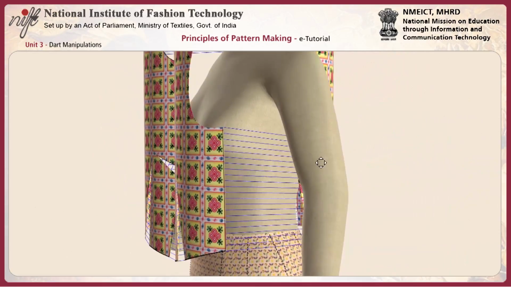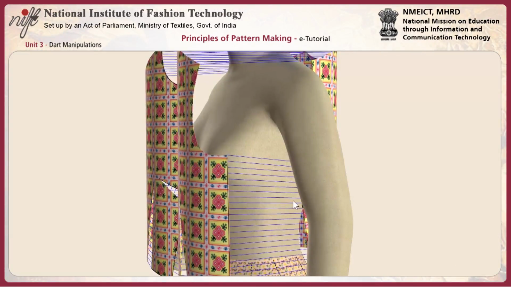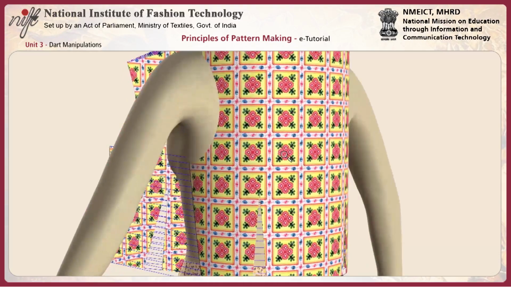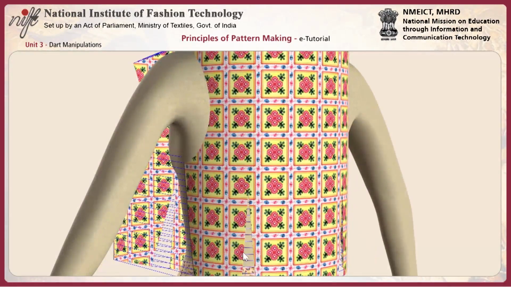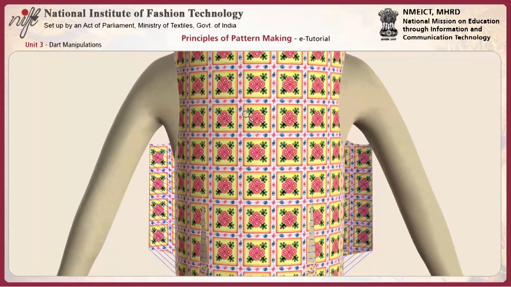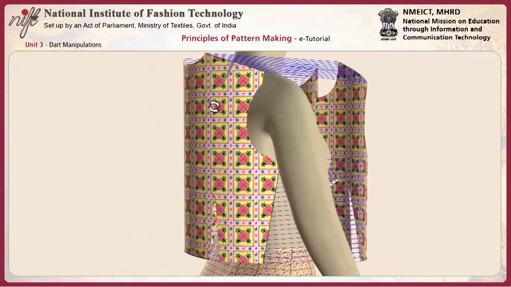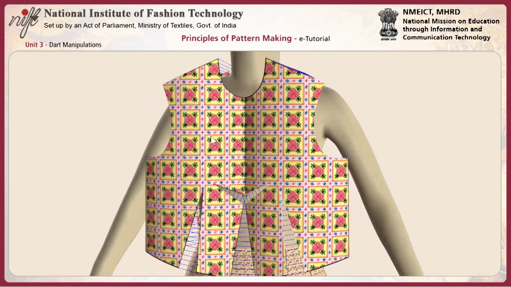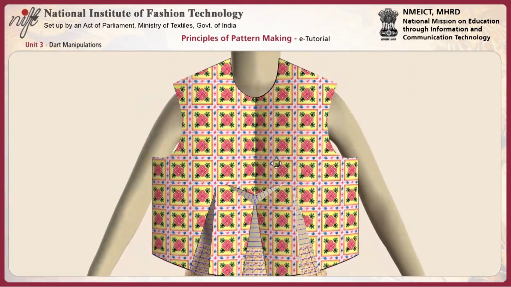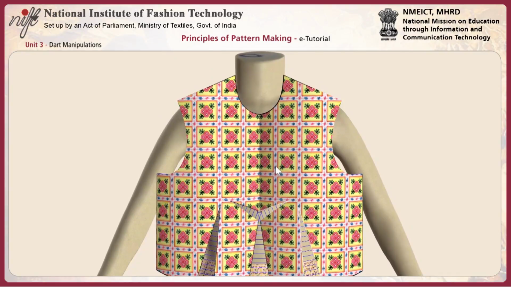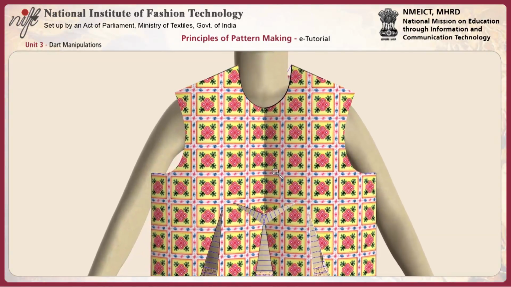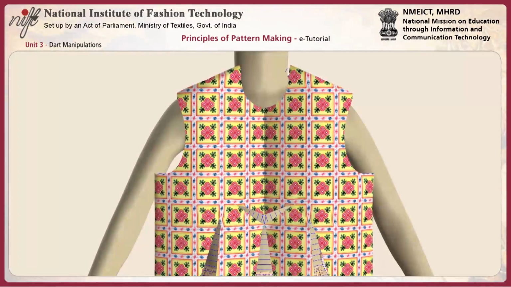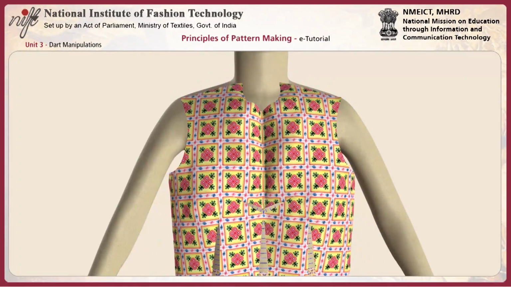The closure of side seam and shoulder seam is shown in this view. The closing of shoulder and waist dart at the back along with front gives the fitting. When all the darts and seams are closed together, the garment is formed in its desired shape and fitting.